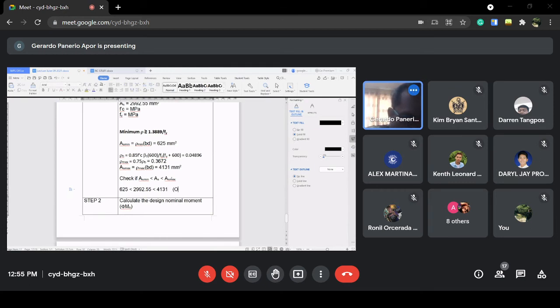So okay, my reinforcement is within the ES min and the ES max. And what does it say? I am under reinforced, and that's okay. My beam is not over stacked with rebars.